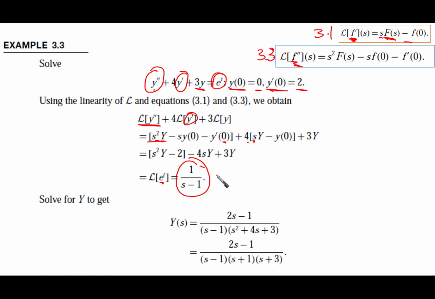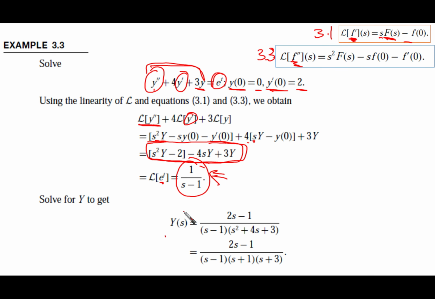Rearrange it, and you are going to find that it is an algebraic equation in Y. Can you see here? This is the equation. This is what is supposed to be the left-hand side here. It is only an algebraic equation, and the right-hand side is going to be something related to s.